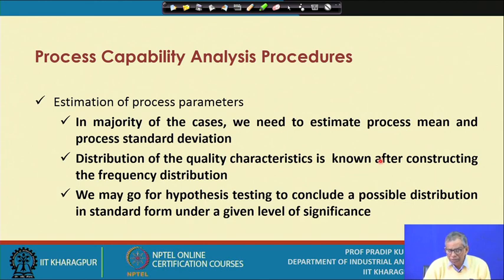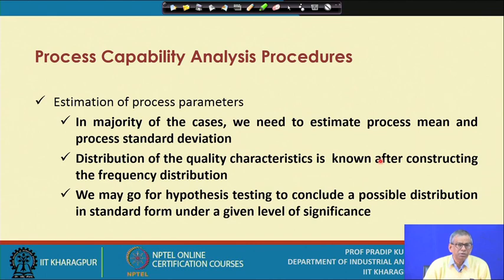This point we have already mentioned. And then once this is known, that means the estimate of the process mean and of the process standard deviation, then the distribution of the quality characteristic is to be known after constructing the frequency distribution.